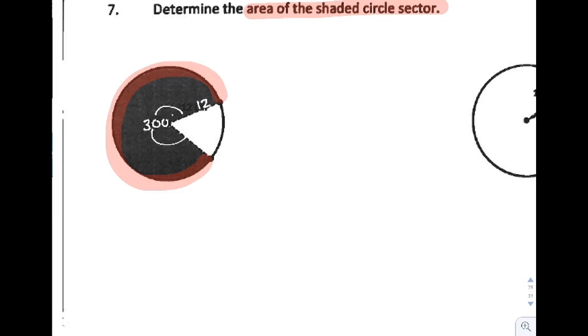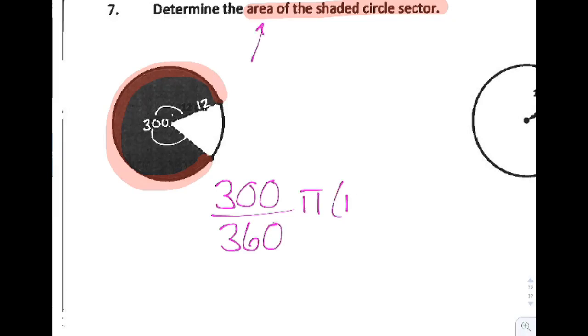So it is 300 out of 360ths of the pizza. And we're talking area, so it's pi r squared. And I won't completely finish it for you, but if you type that into your calculator and you use parentheses, it should be in the 370s square centimeters, because we're talking about area.